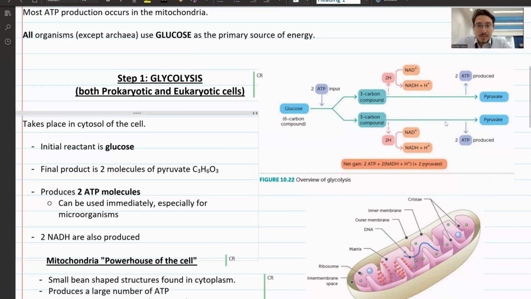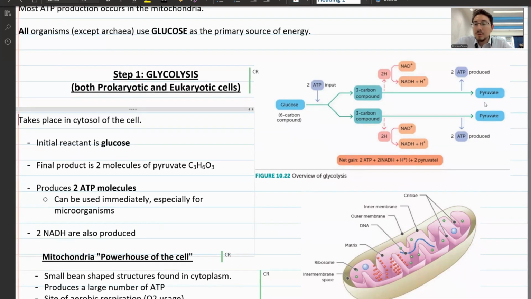During this particular process, a three carbon compound that is called pyruvate. Very important, you need to know this compound. And you have two of these compounds, so you have two compounds of pyruvate. Aside from that, you have two ATPs produced per pyruvate. So you have a total of four.